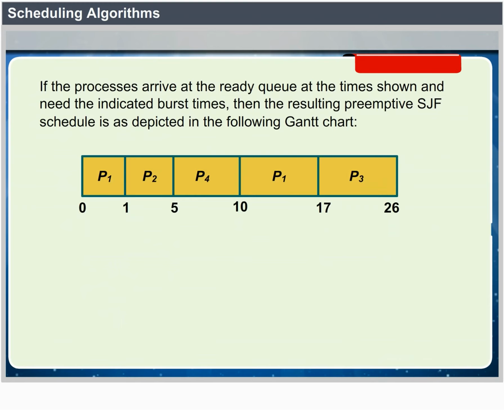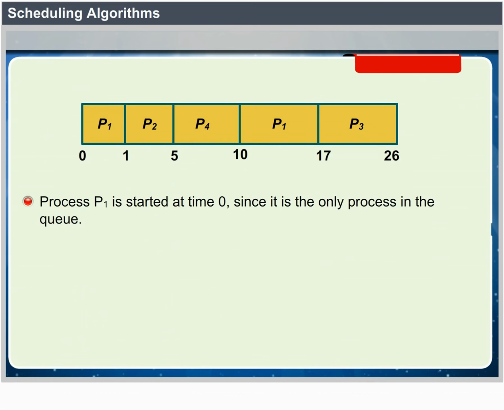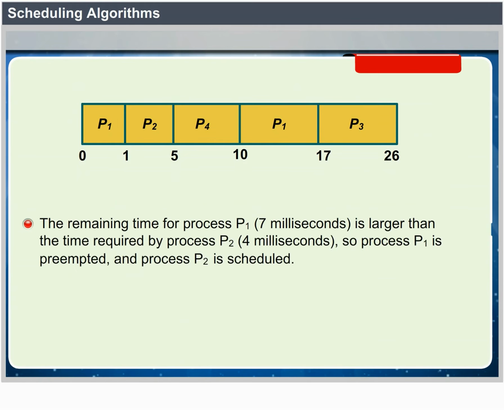Process P1 is started at time 0 since it is the only process in the queue. Process P2 arrives at time 1. The remaining time for process P1, 7 milliseconds, is larger than the time required by process P2, 4 milliseconds, so process P1 is preempted and process P2 is scheduled.